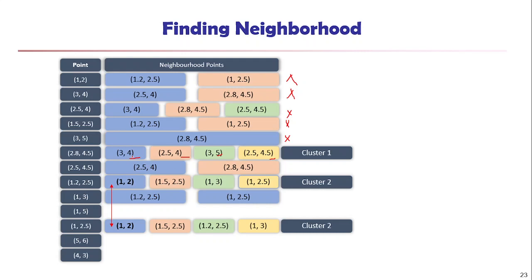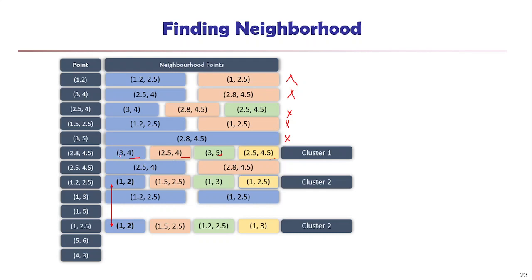Now what we look for is, can we move on to another core point from these neighborhood points? So the question is basically, is there any core point in the set of neighborhood points?